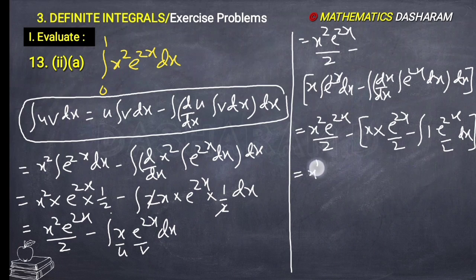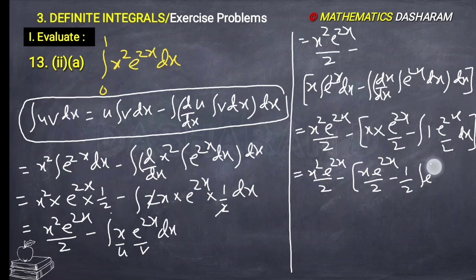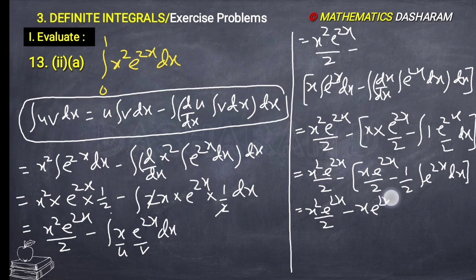It is equals to x square into e power 2x divided by 2 minus x into e power 2x by 2 minus 1 by 2 integration e power 2x dx. It is equals to x square into e power 2x divided by 2 and remove the bracket, minus x into e power 2x divided by 2 minus into minus plus 1 by 2 into integration of e power 2x is e power 2x divided by 2.